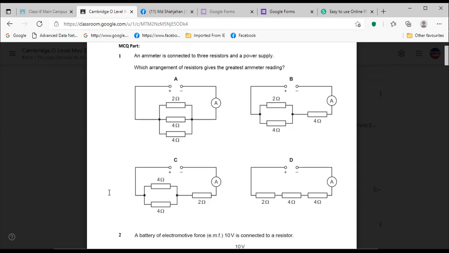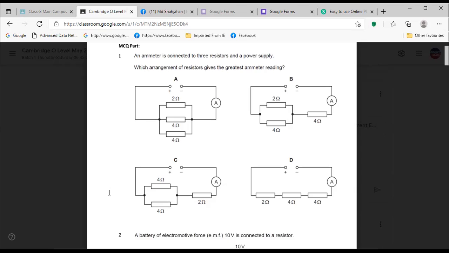Greater ammeter reading, when will we get that? If the current is more, right? And when will you get more current? If the resistance is least, right? So we have to now calculate where we get the least resistance.